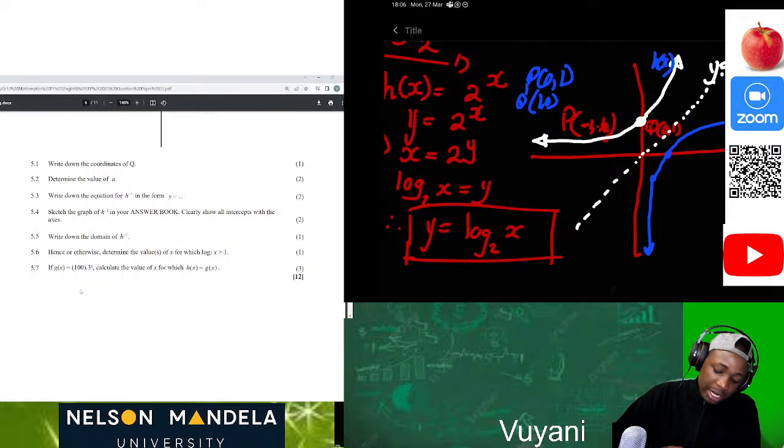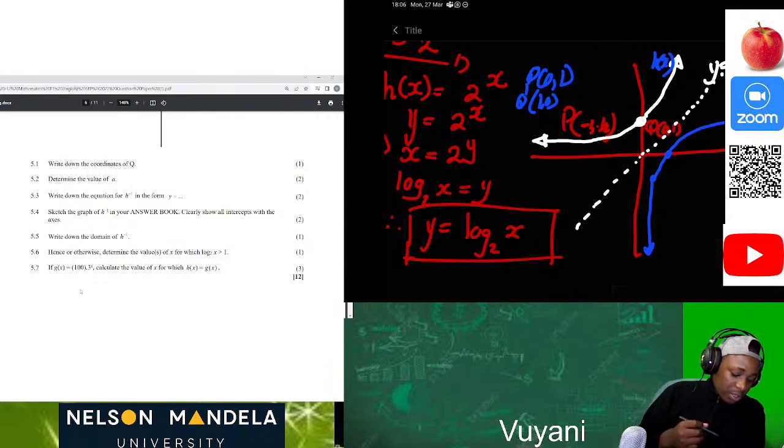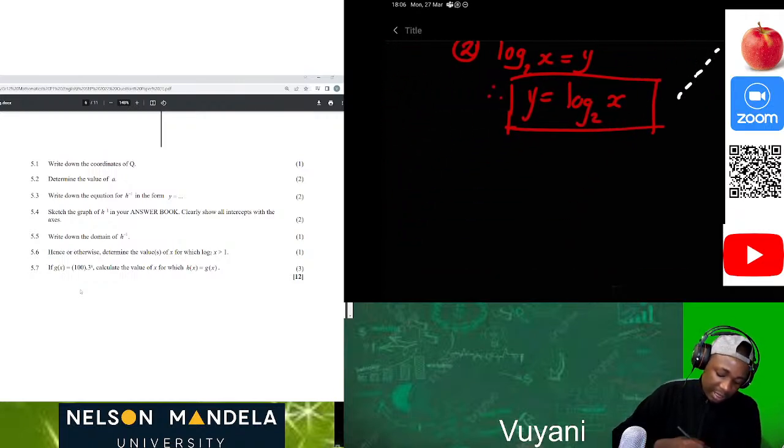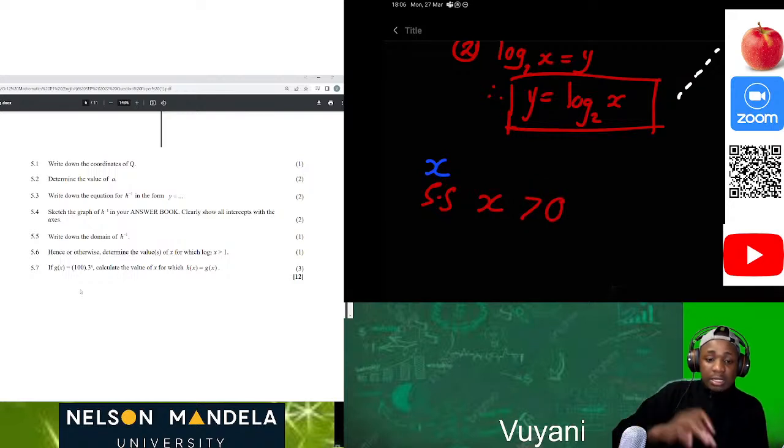The range of h of x is y must be greater than 0, which means the domain of h inverse is x greater than 0. So x must be greater than 0.